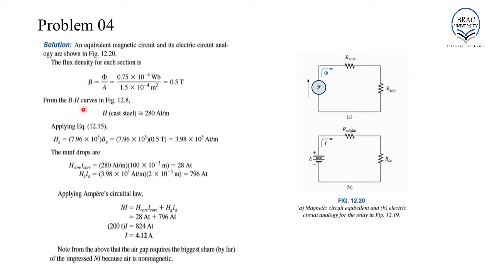Using the BH curve, we can determine H for cast steel, which will be equal to 280 ampere turns per meter. And applying the formula which we have seen in the previous slide, we can determine Hg to be equal to 3.98 into 10 to the power 5 ampere turns per meter.